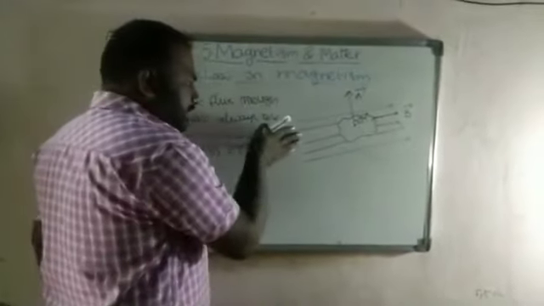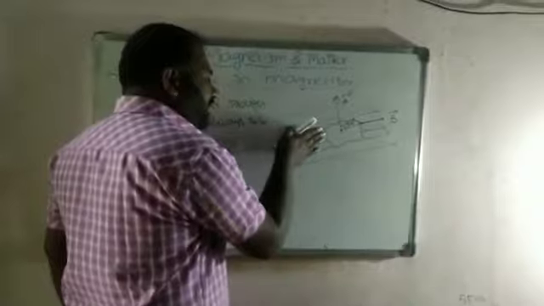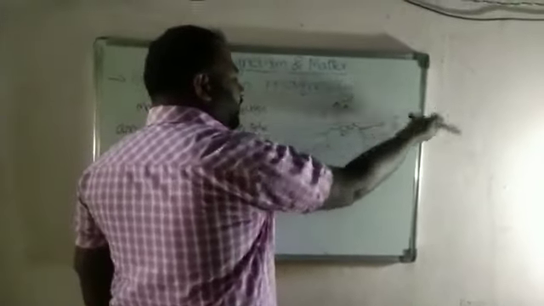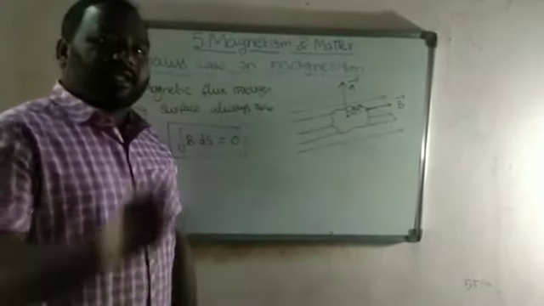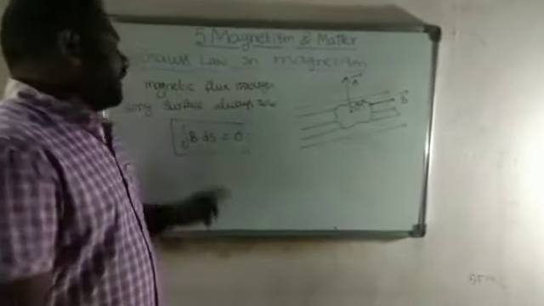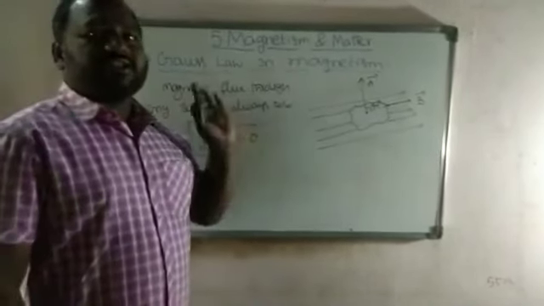These are the field lines entering the surface. The same number of field lines are leaving. So the net flux inside the surface can be taken as 0. So finally the definition is: the magnetic flux through any closed surface is always 0.